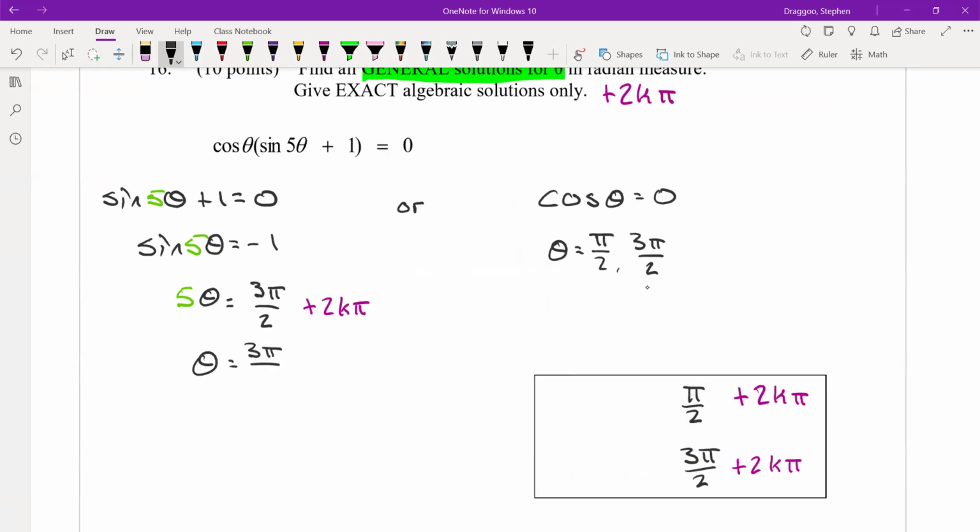3 pi over 10 plus 2k pi over 5. And then I'll add that solution into the box as well. So 3 pi over 10 plus 2k pi over 5.